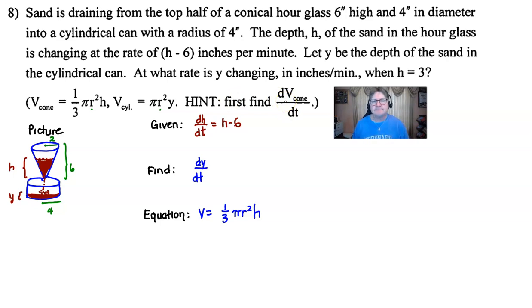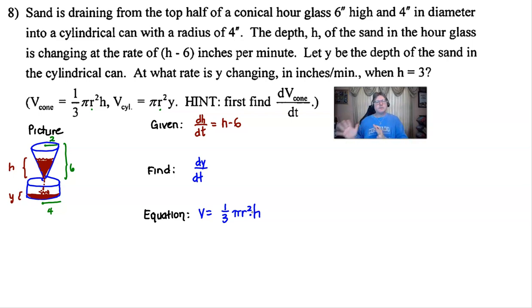Well, okay, I suppose we could do that, but we have a bit of an issue. And that issue is the fact that we have both an r and an h in this formula, and we've never ever liked to have more than one variable in our related rate question, because we want to take the derivative with respect to our t, of course, and having to deal with a dr dt and a dh dt is just too much.